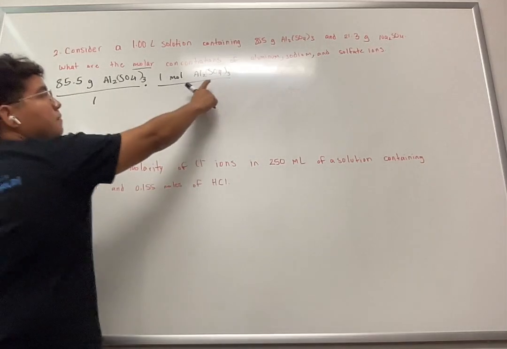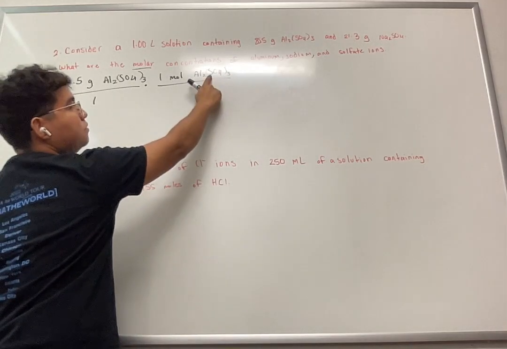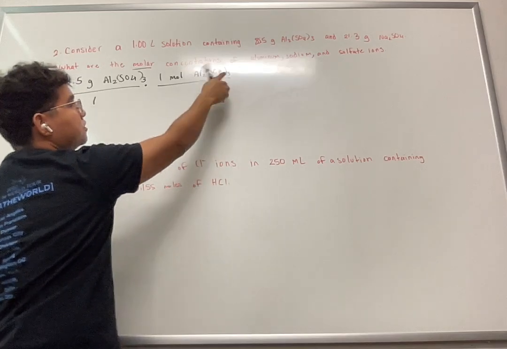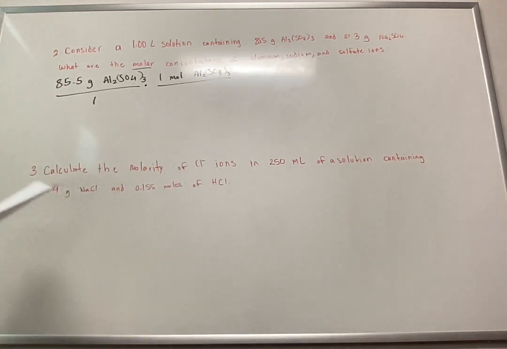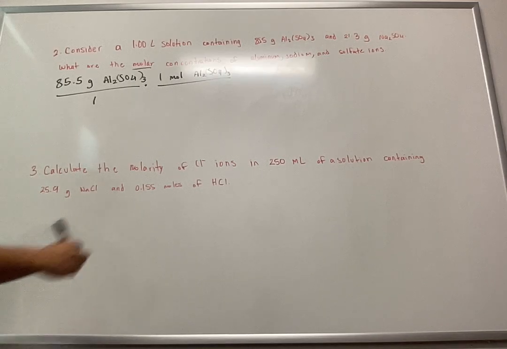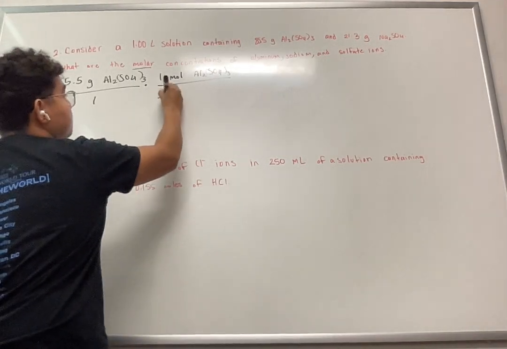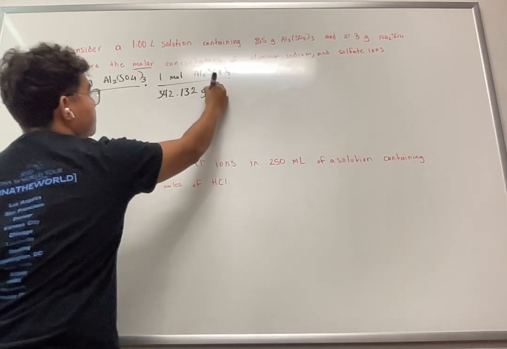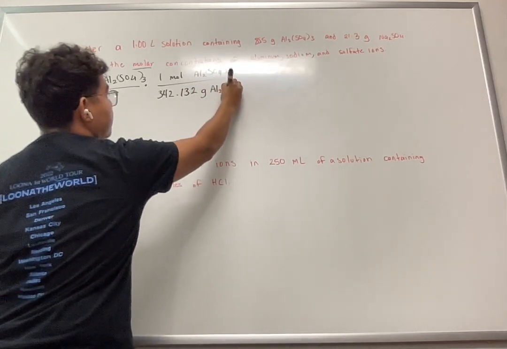This is a 1 technically, 3 times 1 is 3 S, and then 3 times 4 is 12 oxygens. I already did all this. I'm not trying to do it on video. It's going to be 342.132 grams of aluminum sulfate.